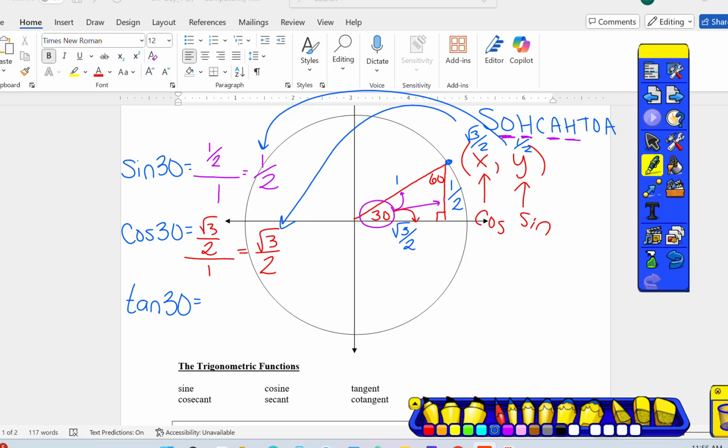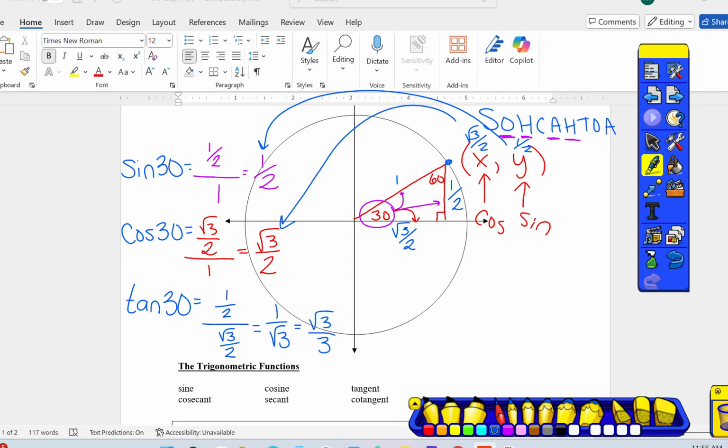Now tangent, opposite over adjacent. If I take the opposite side, which is 1/2, over the adjacent side, which is √3/2, now if I simplify that, the 2's will cancel. I just get 1/√3. And then I'm going to fix that radical. I'm going to rewrite this as √3/3.